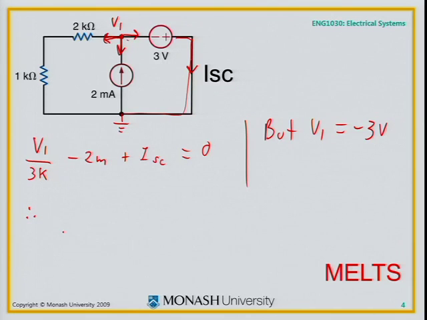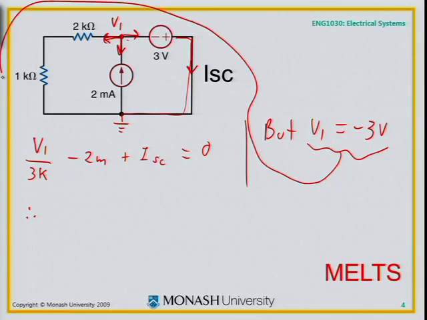Therefore, if I plug that in, I get minus 1 milliamp minus 2 milliamps plus ISC equals 0. Therefore, ISC equals 3 milliamps.